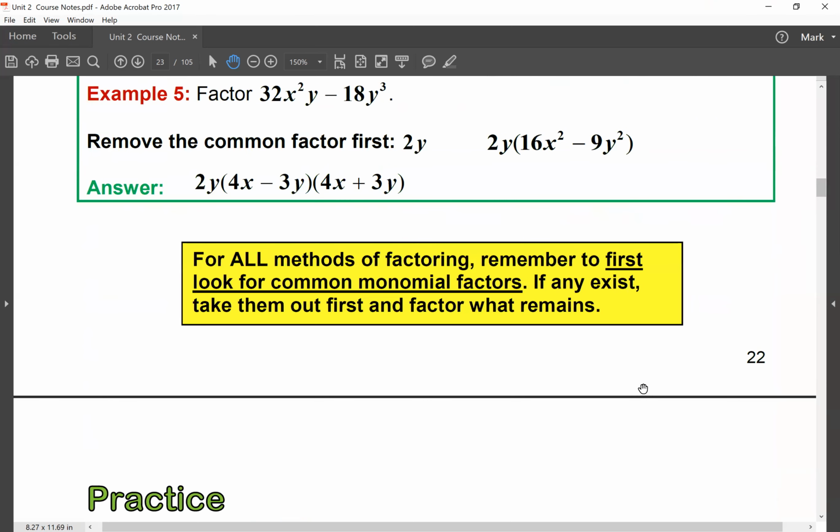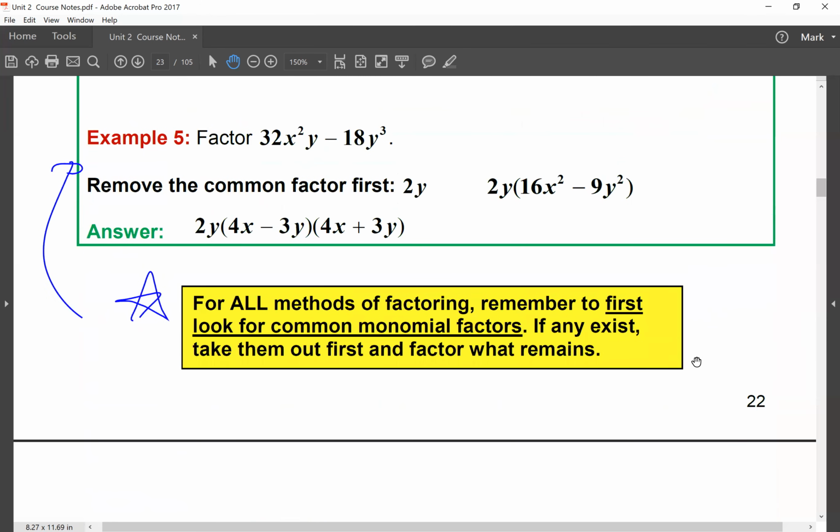Oh, one little hint here too, by the way, and you can see this in example number 5. No matter what you do when you're factoring, always look to see if you can first remove any common factors. You can really see this with example number 5. This looks impossible to factor as a difference of squares.